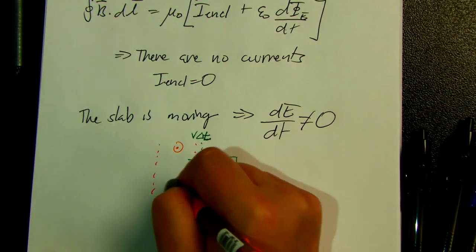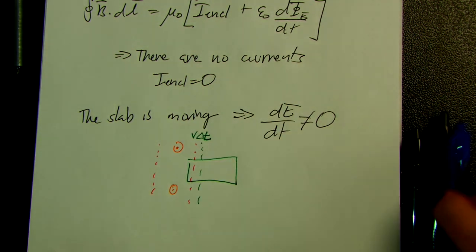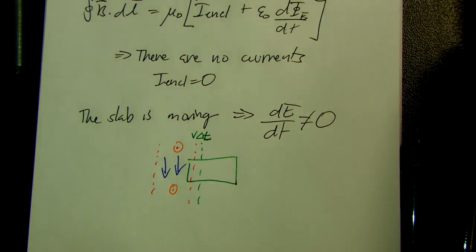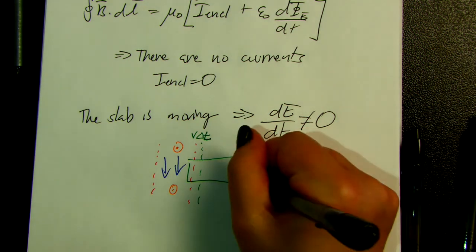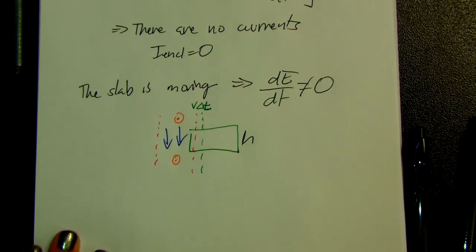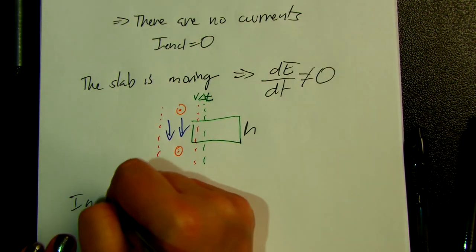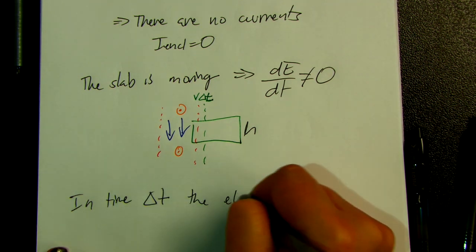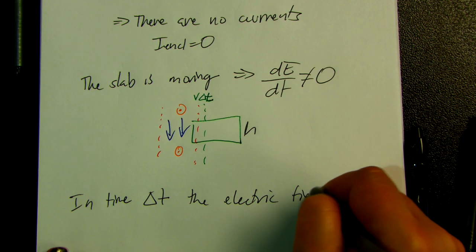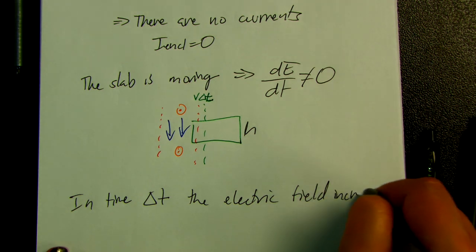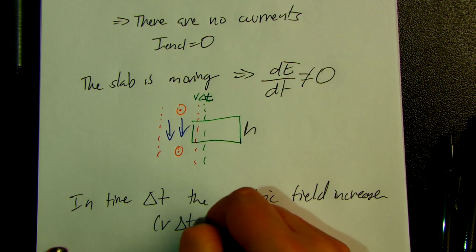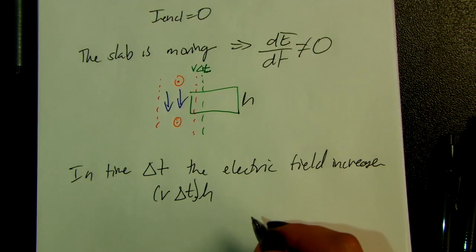Looking at the other side, now the electric field is coming out. All right, so in time delta t, the electric field increases v delta t times h.